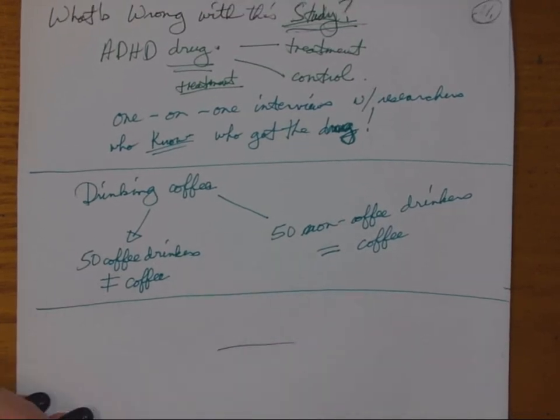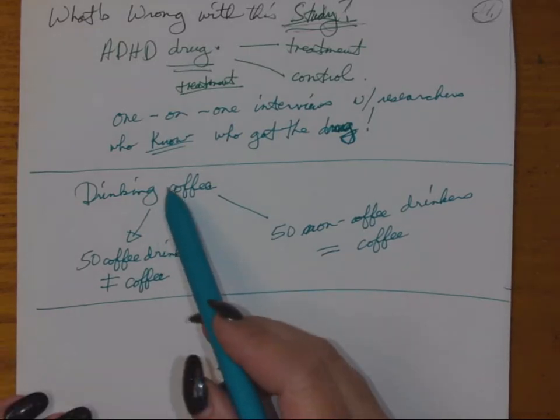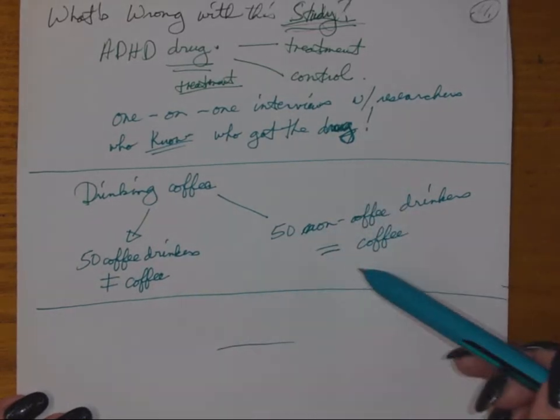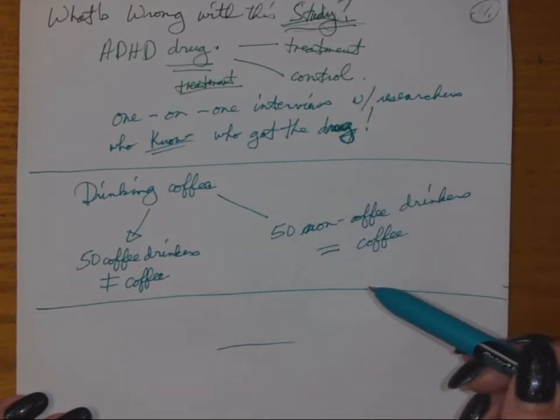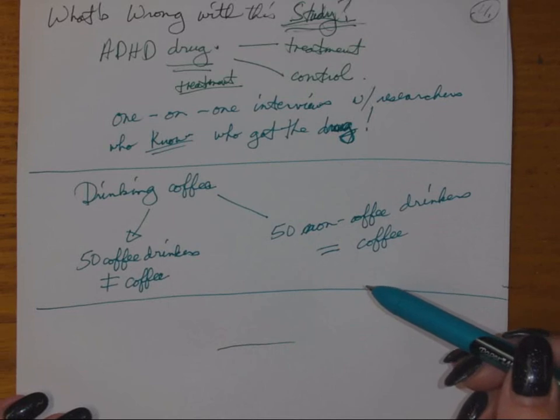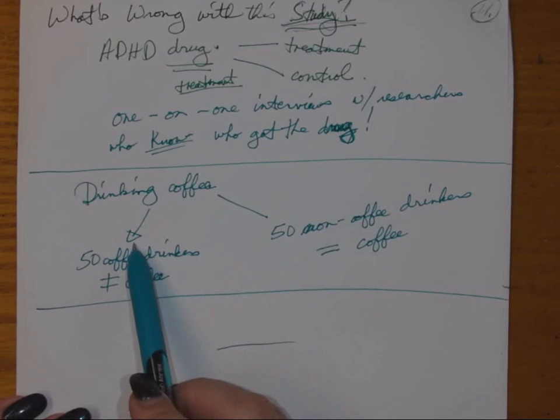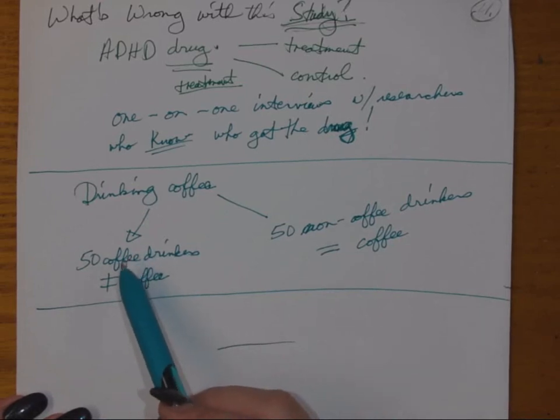First of all, do we have a treatment and a control group? Not really, right? What we're saying here is that we're going to take these coffee drinkers out of their norm, make them not drink coffee. And we're going to take these non-coffee drinkers and push them out of their norm so that they're having to drink coffee. If you're a coffee drinker and you're deprived of your coffee, that's probably not a good thing.